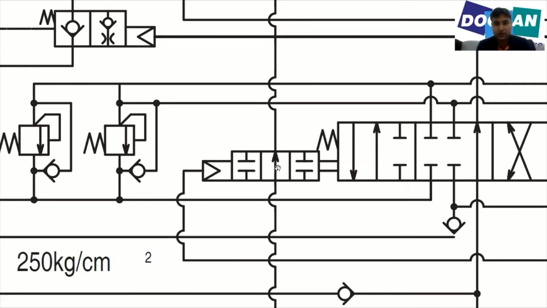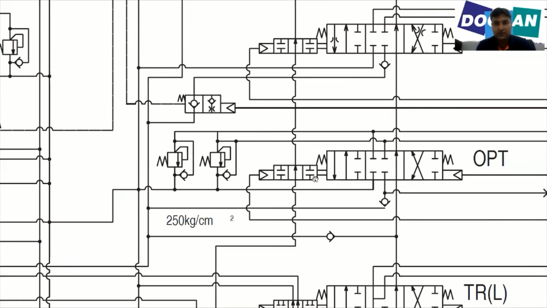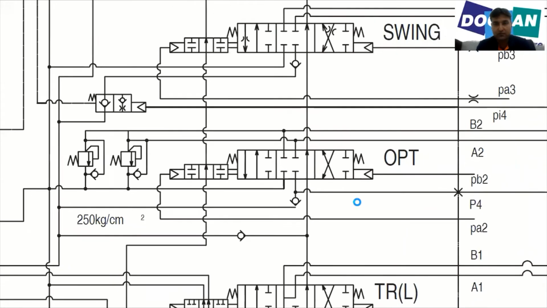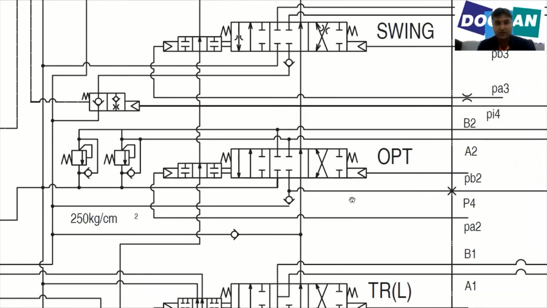Now how does it work? When the operator doesn't operate the machine and does not touch the joystick, then all the spools, either boom, bucket, arm, whatever the spool is, remain in the neutral position.